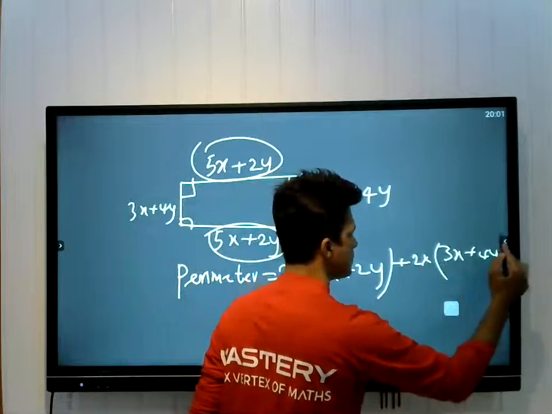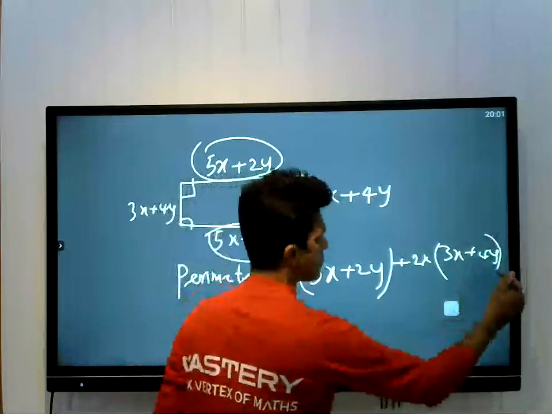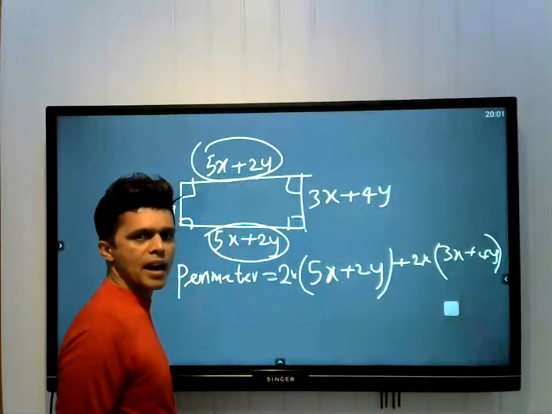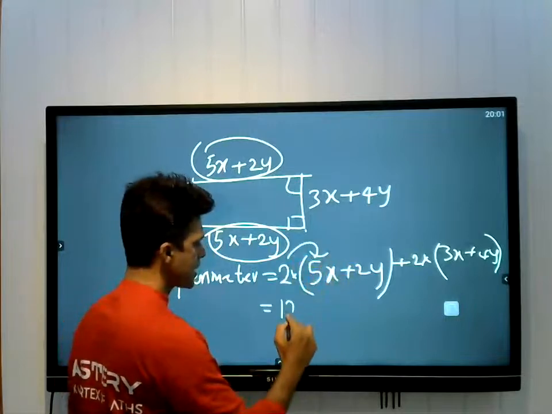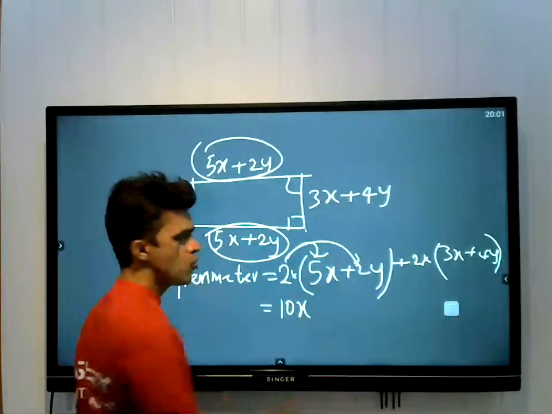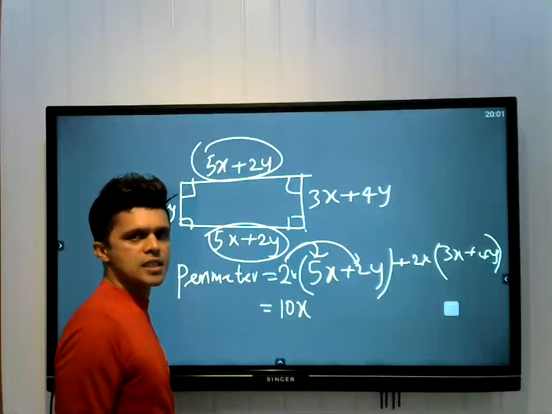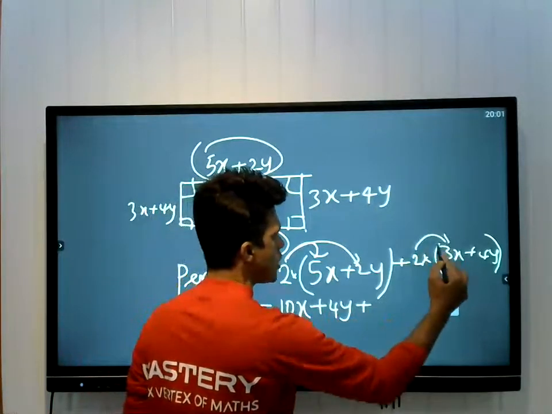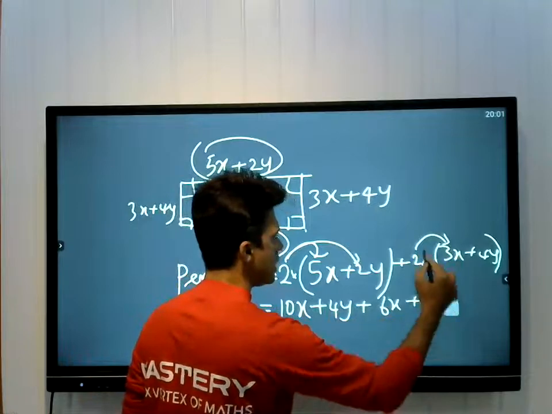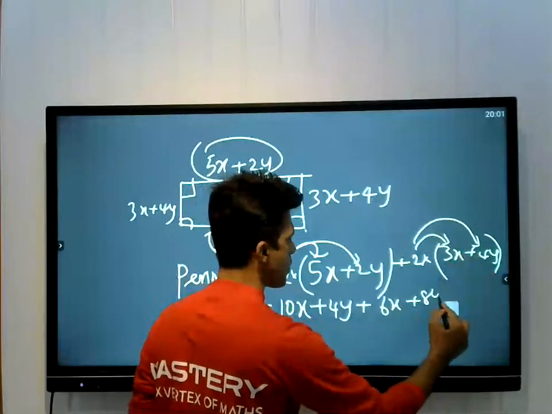Let's remove the brackets here. 2 into 5x is 10x, 2 into 2y is 4y, 2 into 3x is 6x, 2 into 4y is 8y.